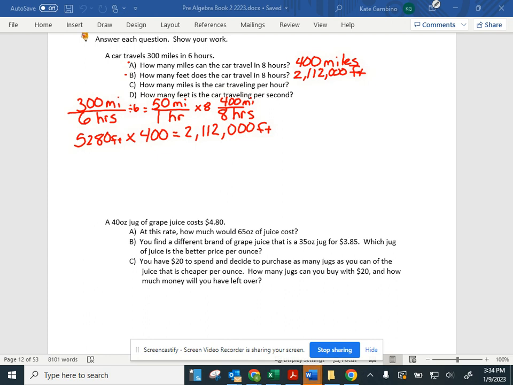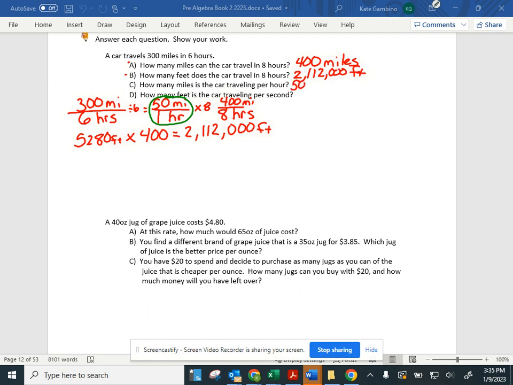So how many miles is the car traveling per hour? We already figured out the answer to that one.